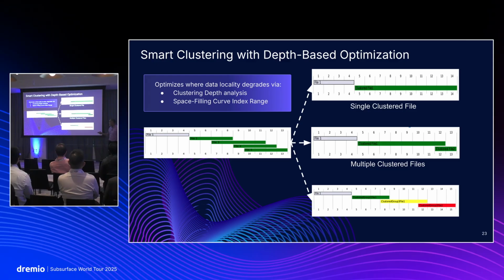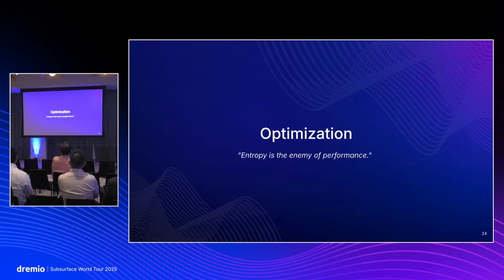But we don't consider this as overlap because it's just overlap on a single value. Okay? So any question on clustering? Okay, so the next capability that I'm going to talk about is optimization.